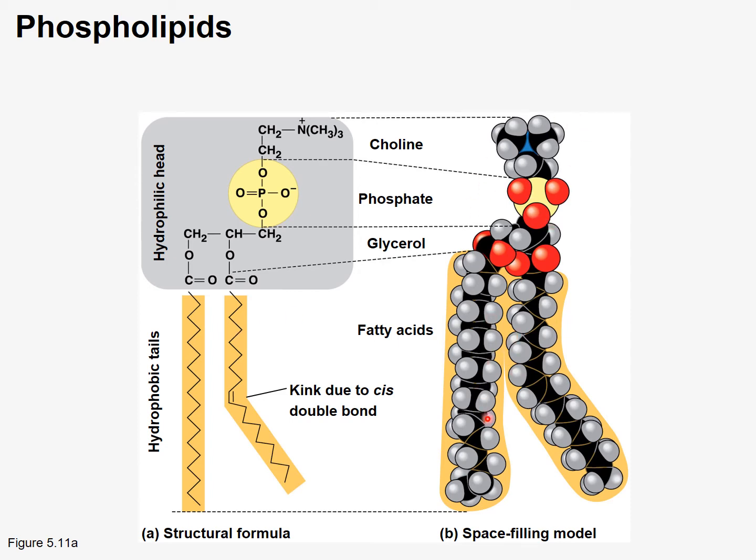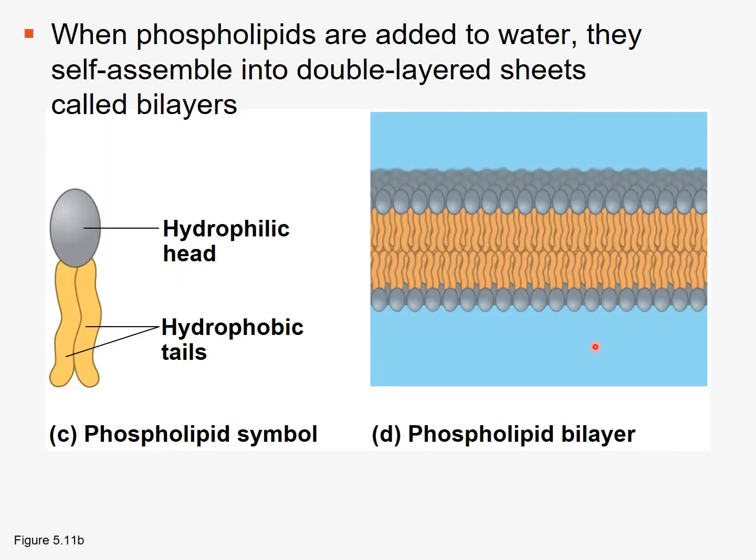Now these are important because they make up the plasma membrane. The plasma membrane is basically the separation. It separates the inside of the cell from the environment, or the outside of the cell. So it's very important that they interact with each other. And phospholipids, when they're added to water, can basically self-assemble into a bilayer or double-layered sheet.